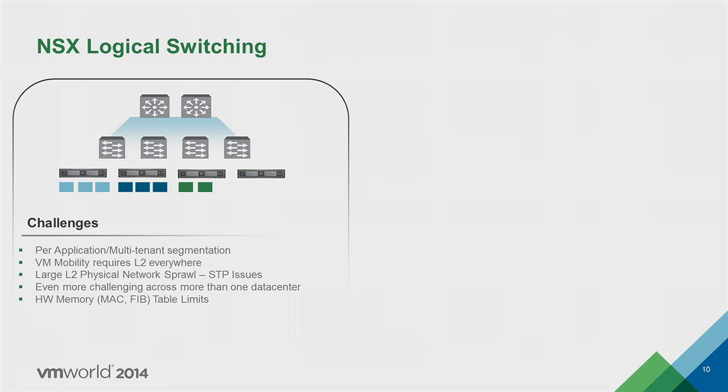What you'll typically do is either trunk these VLANs to every top of rack switch and present the same VLANs to all of the ESX hosts where your applications may run. What this does is create a large spanning tree failure domain, which also brings scalability problems to your data center. It increases the potential for outages that will impact more and more of the data center, and that's probably not something you want to now extend across multiple data centers either.